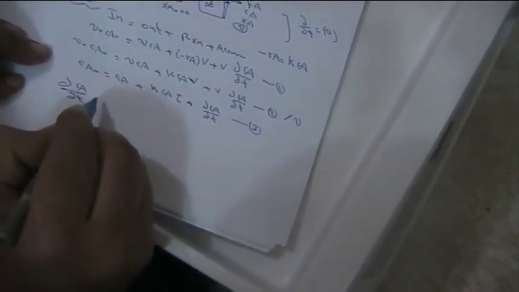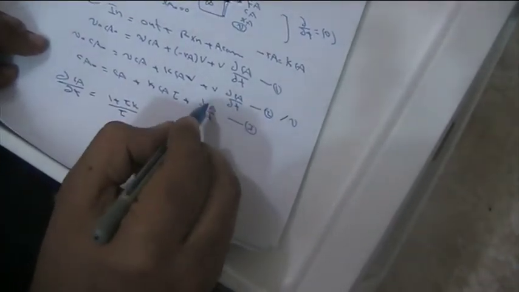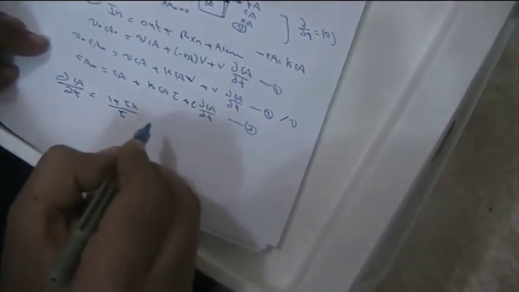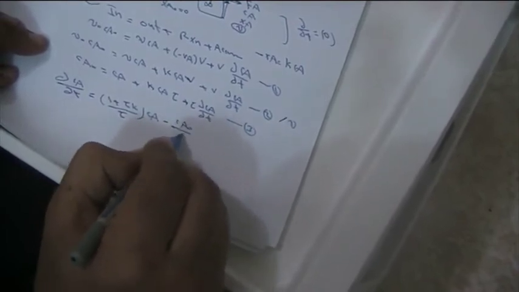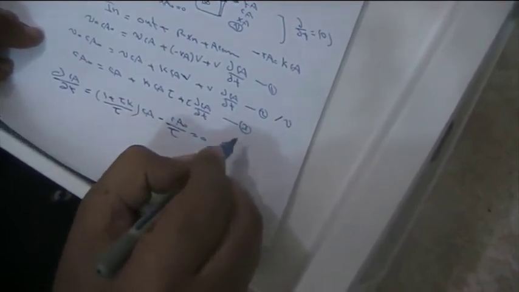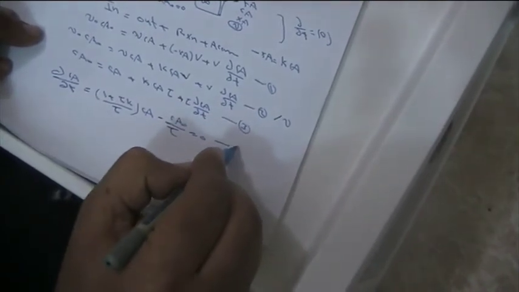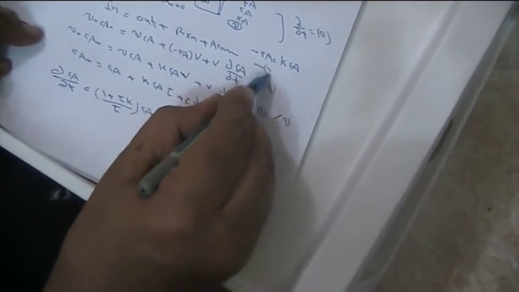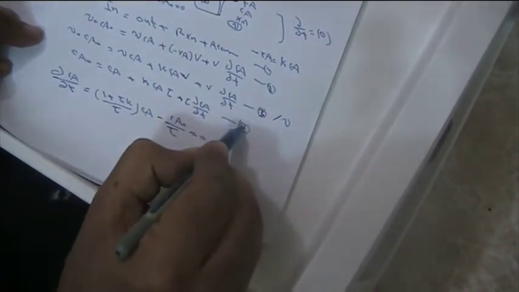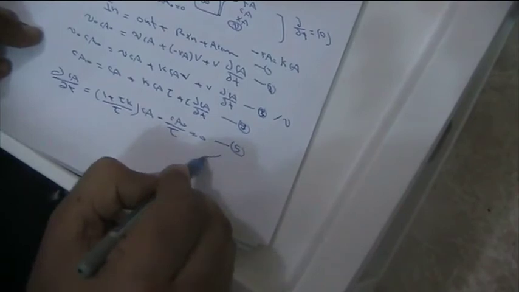Now on rearrangement of this equation, we will have dCA over dt plus 1 plus tau k over tau times CA minus CA naught over tau equal to 0. And let this equation be 4, and this 5.